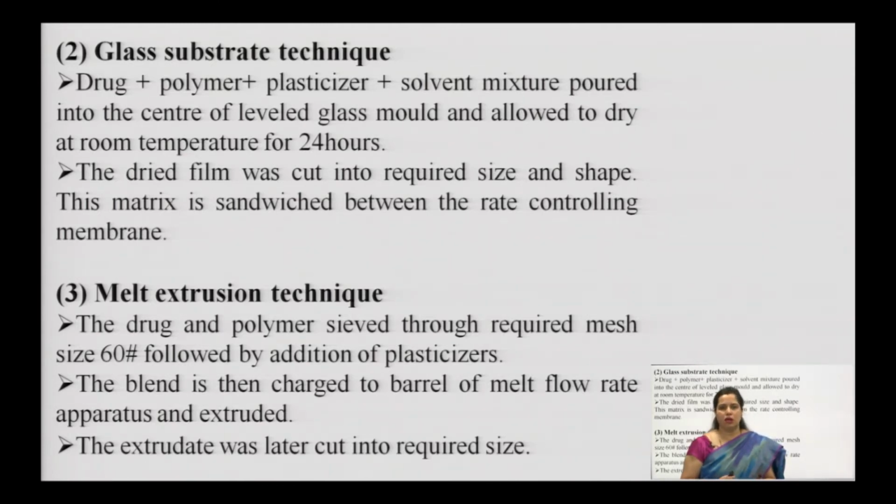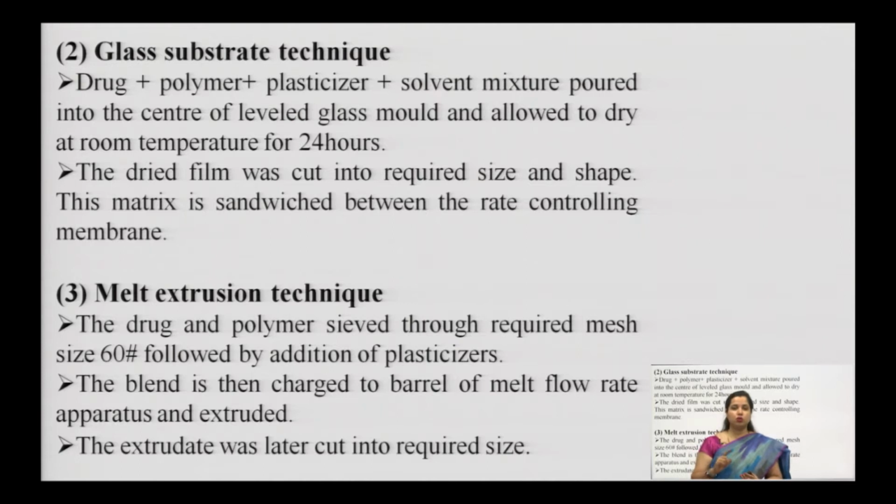All these ingredients along with the API, or active pharmaceutical ingredient, are mixed together and poured into the center of a leveled glass mold and allowed to dry at room temperature for 1 day, or 24 hours. The dried film is cut into the required size and shape, and this matrix film is sandwiched between rate controlling membranes.